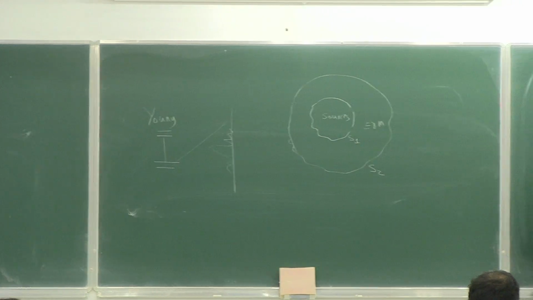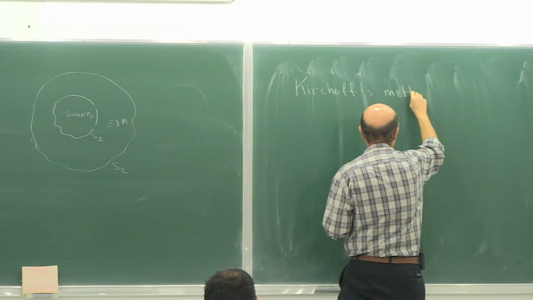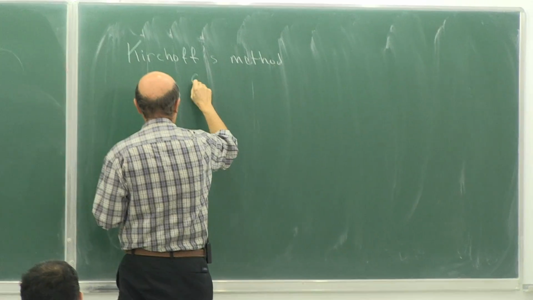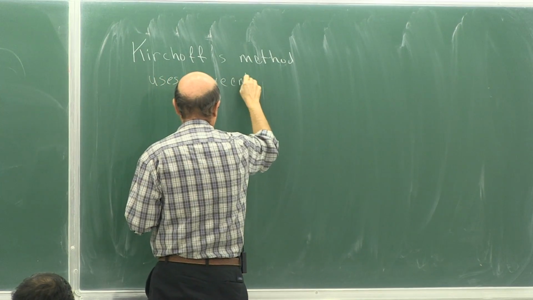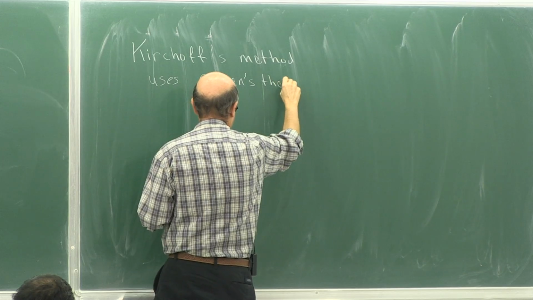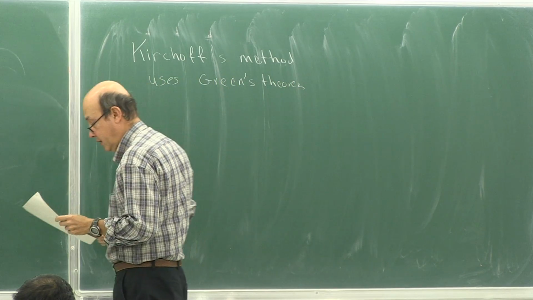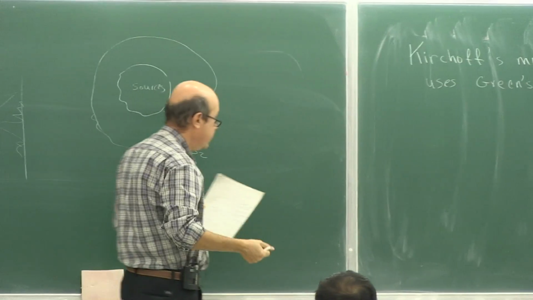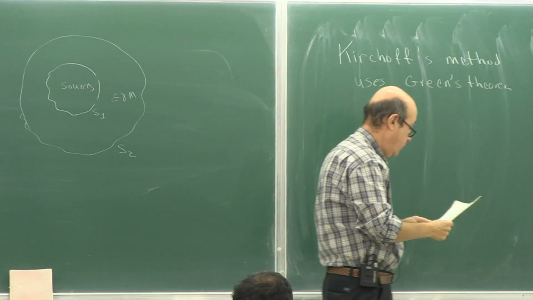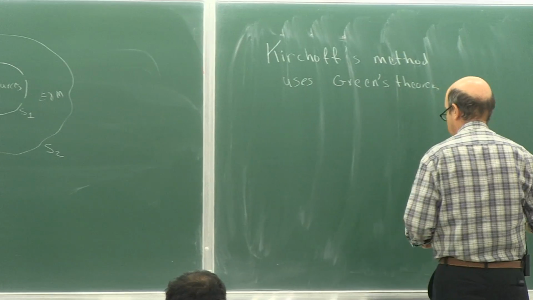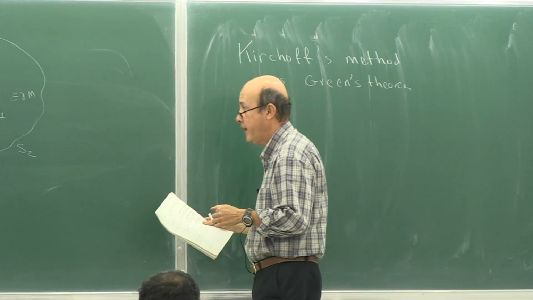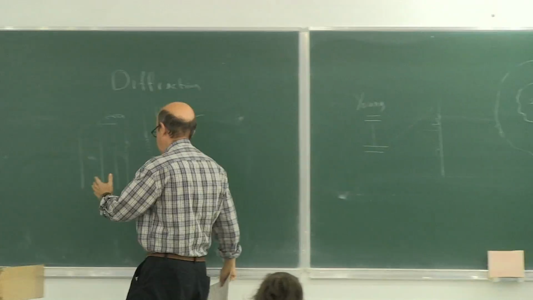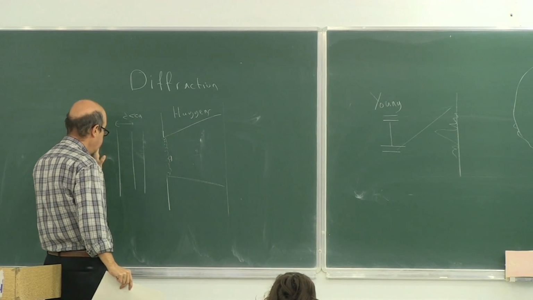So Kirchhoff's method uses Green's theorem. Basically we have the volume and boundaries, so it is natural to use Green's theorem, but how are we going to use it to explain diffraction?